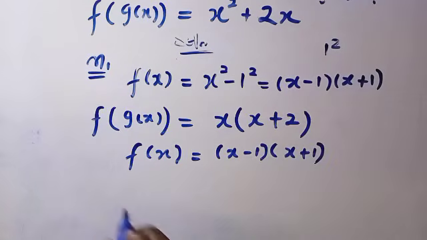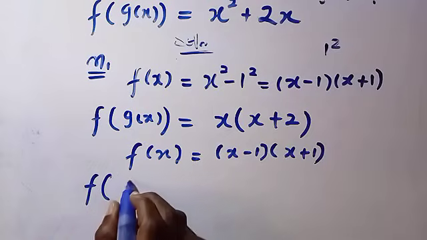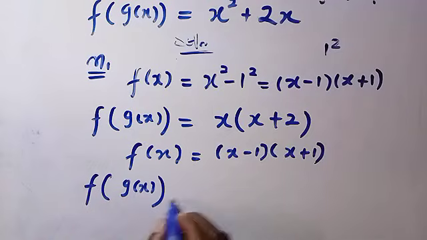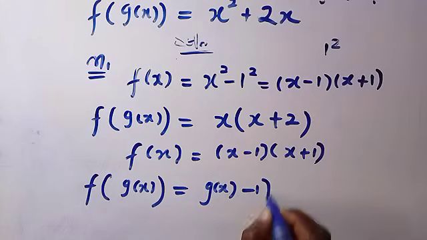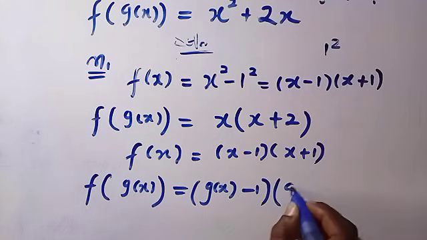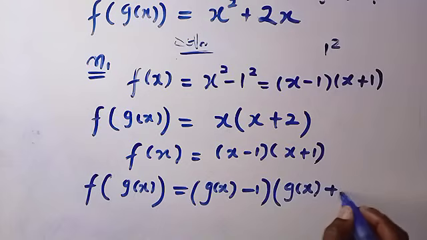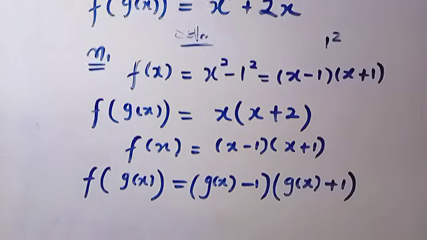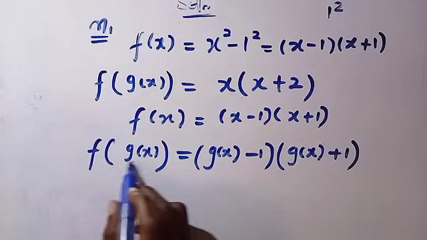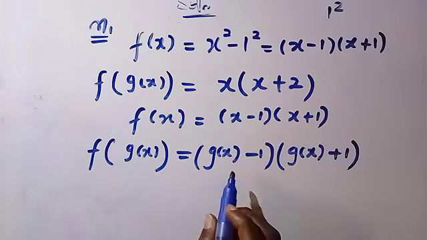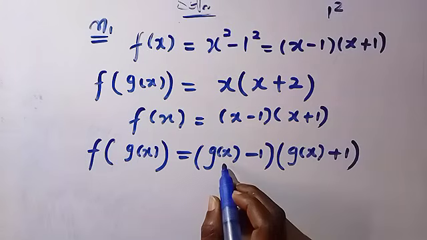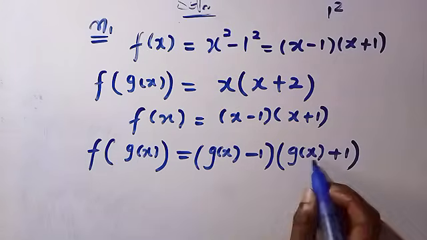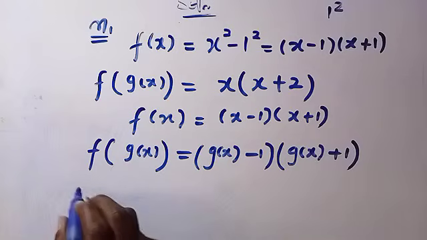And now, if I change it to f of g of x, this gives us g of x minus 1, then multiplied by g of x plus 1. If this is clear, then note that f of g of x is given as x bracket x plus 2, and everything equals the product of these two factors.